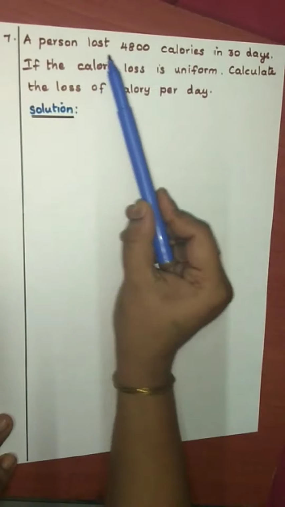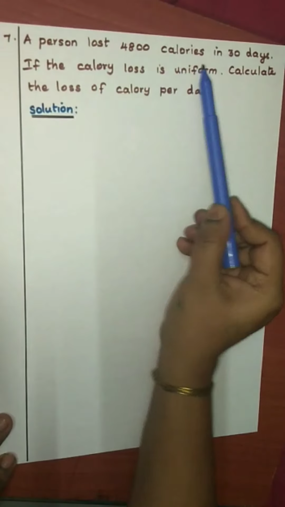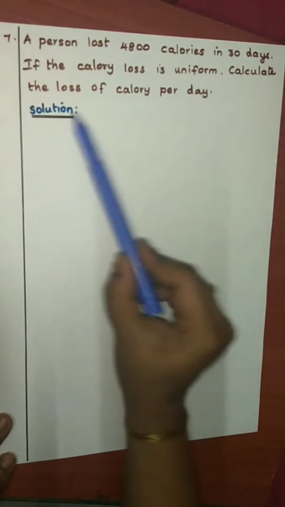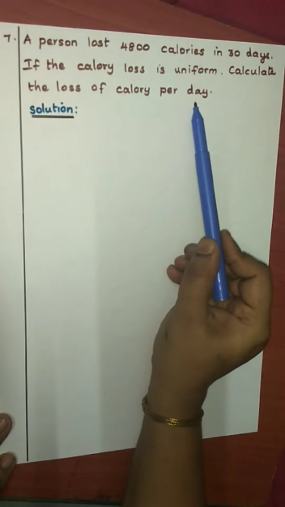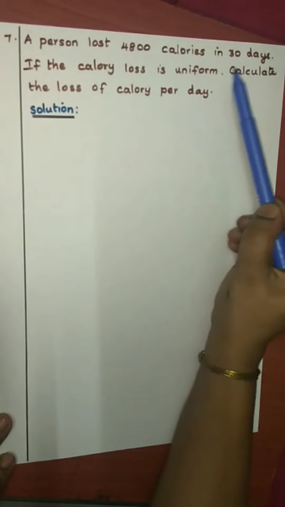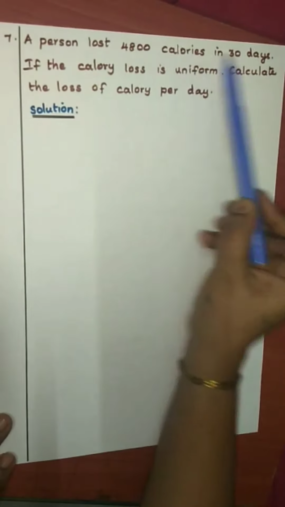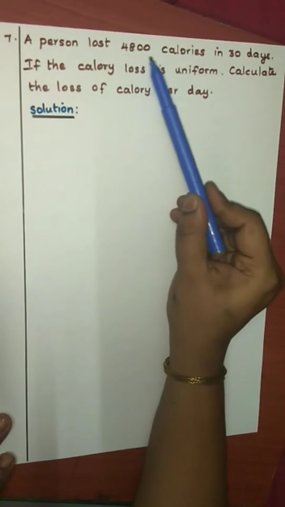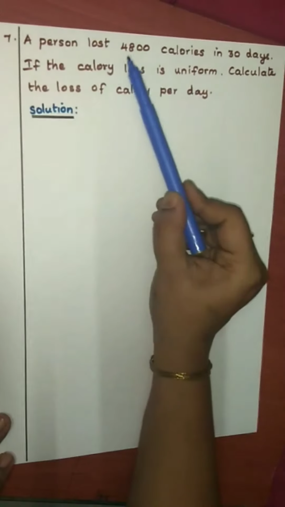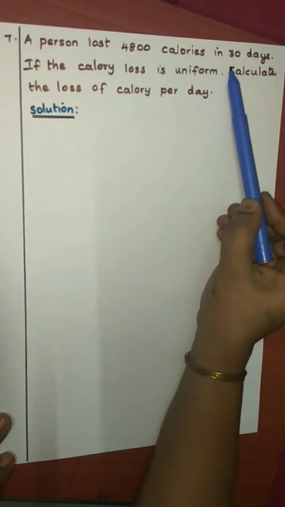Seventh problem. A person lost 4800 calories in 30 days. If the calorie loss is uniform, calculate the loss of calorie per day. So how to find? How to divide. So loss of calories in 30 days is equal to 4800. So loss of calorie in 1 day is equal to 4800 divided by 30.